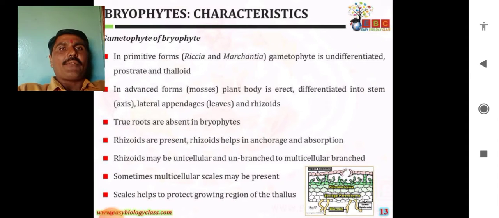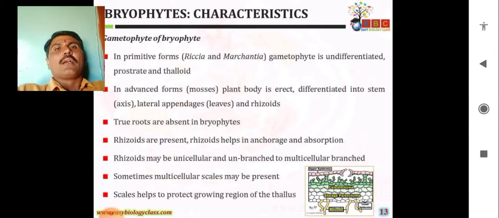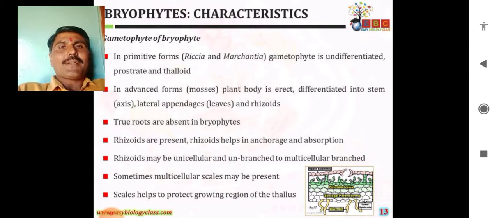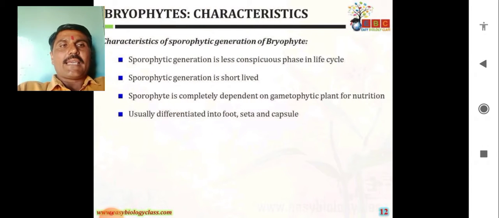So these are the various forms. This is the gametophyte, or the thallus, of the plant body. Talking about the sporophyte, the sporophyte is the reproductive organ of the bryophyte, which consists of the calyptra, foot, seta, and capsule. It is the organ which is present on the plant.